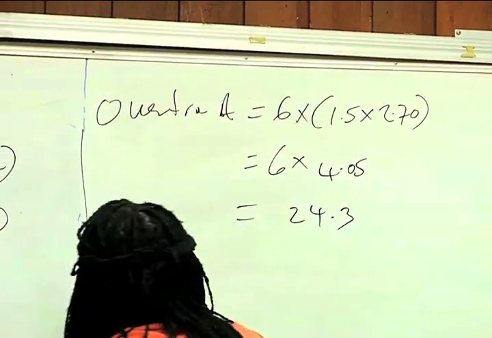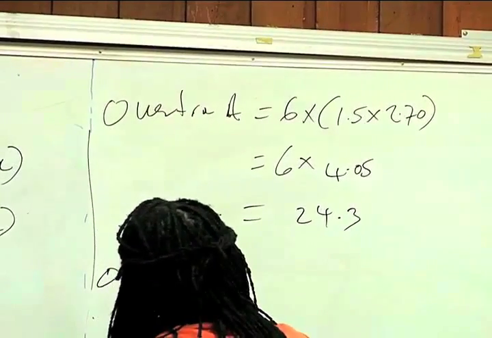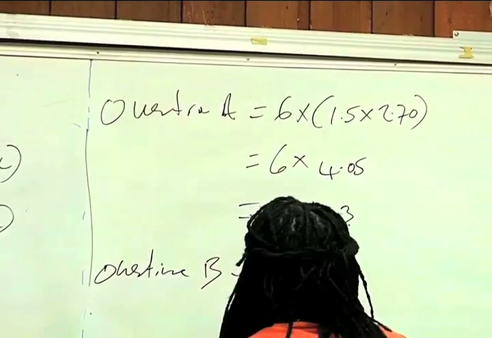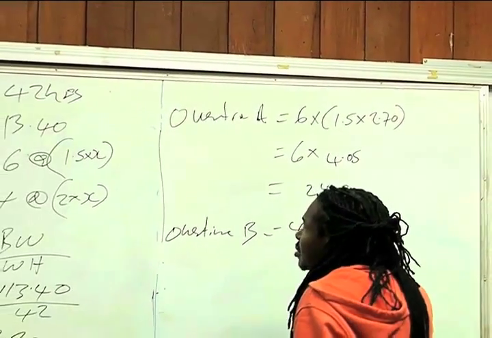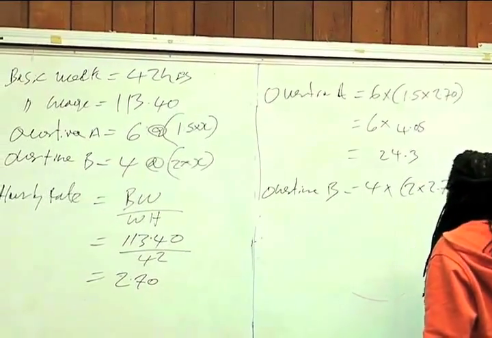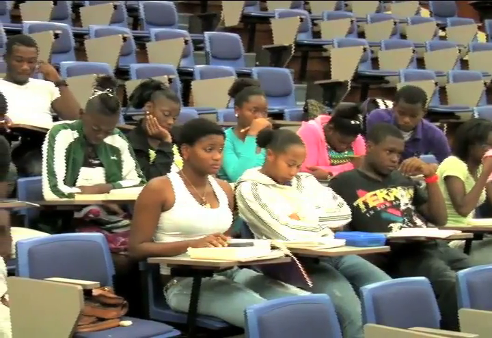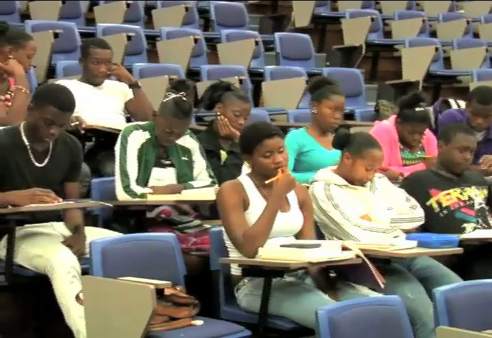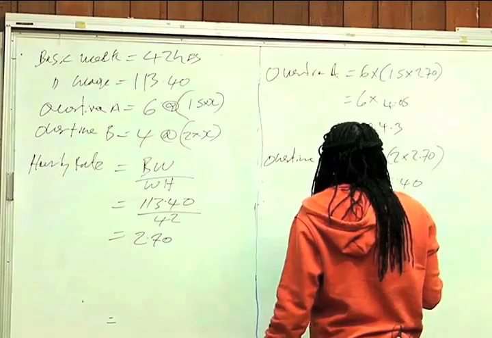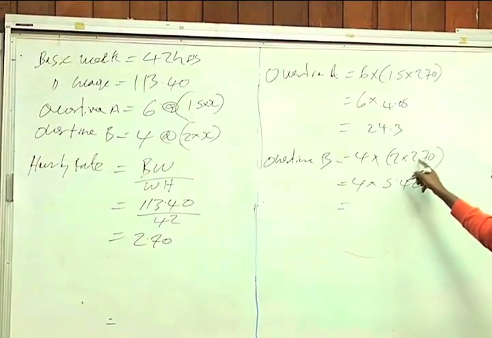We also know overtime B: 4 times 2 times 2.70, equal to 4 times 5.40.